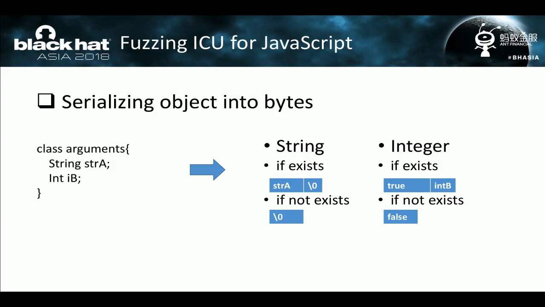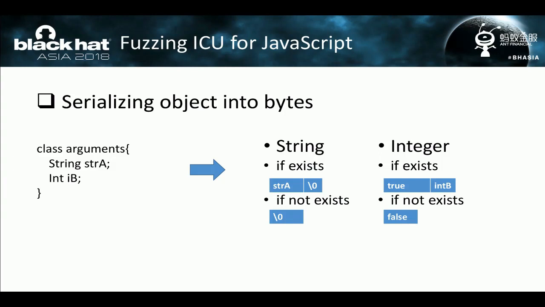If the string exists, we just append a null at the end. If the string does not exist, we just put a null. The integer is serialized to a bool byte followed by the integer.